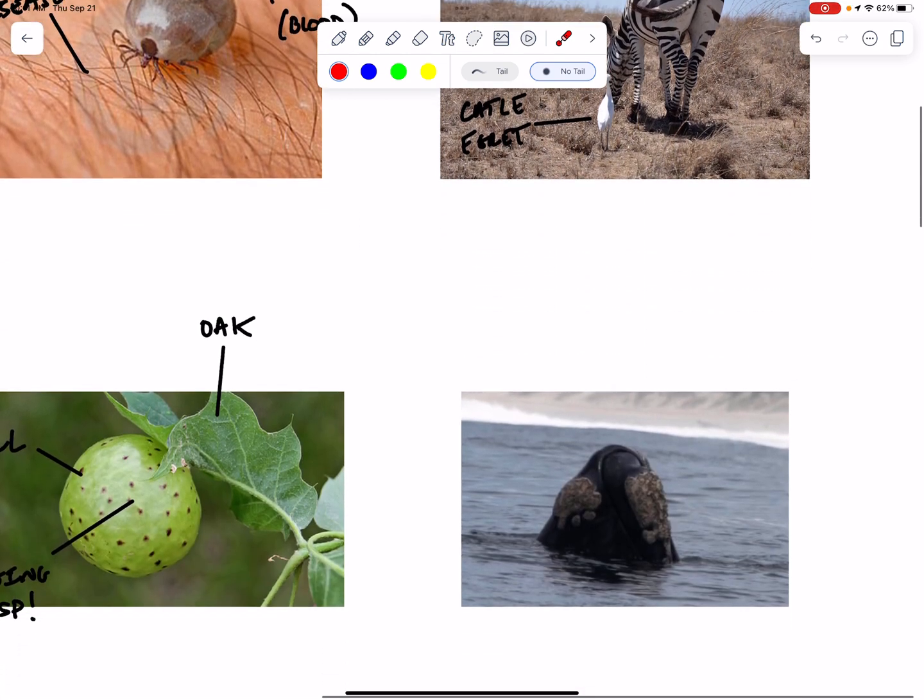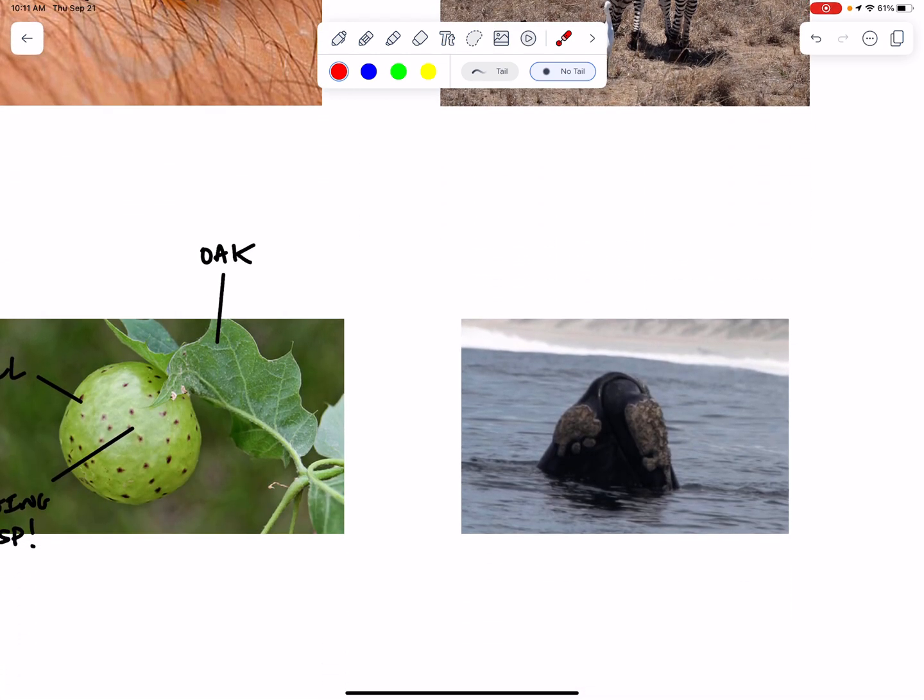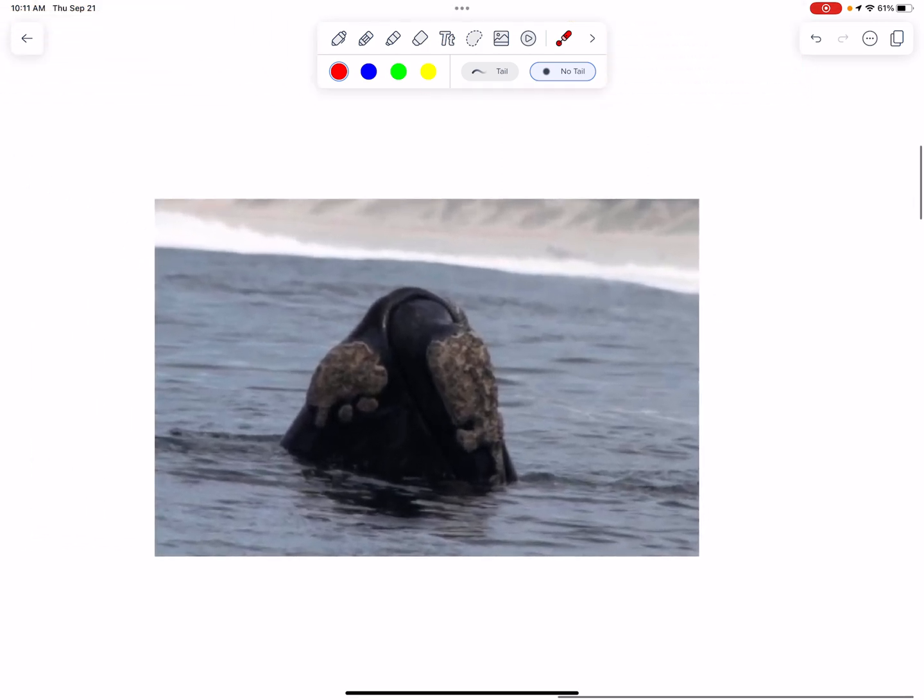Okay, our second example of commensalism is a humpback whale and barnacles. So here's our whale.